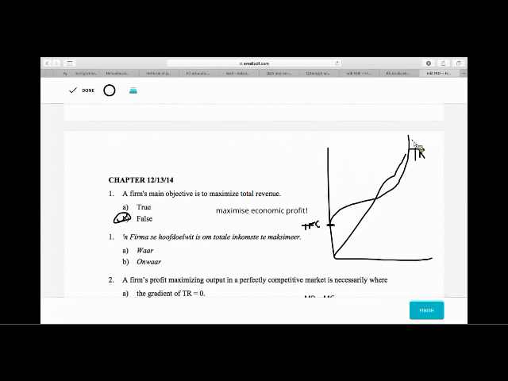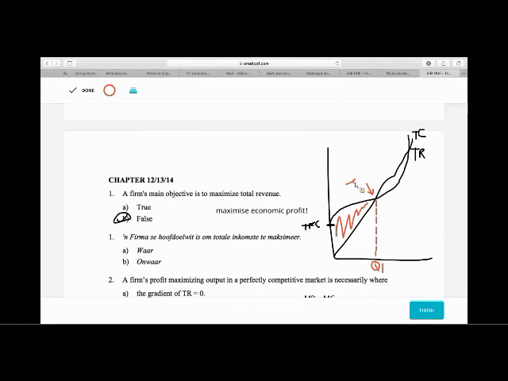Okay, so you've got your total revenue curve and your total cost curve. What we can see from this picture is that anywhere between these two lines is a loss because total cost exceeds total revenue. So any quantity up to that point there, the firm is making economic loss. At exactly this quantity here, the firm is going to make normal profit because total revenue equals total cost. So that's a normal profit position.